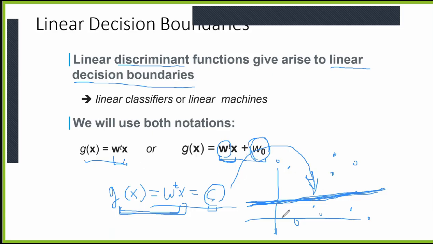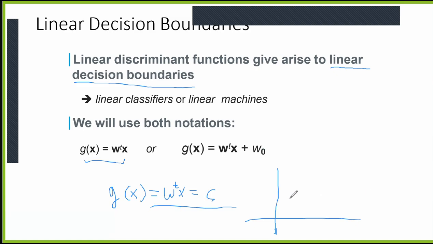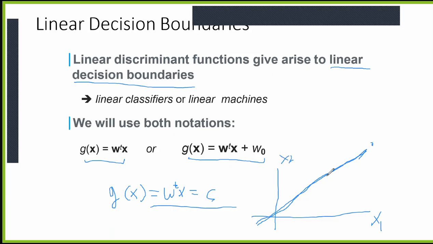So just to give a quick idea, the linear decision boundary that corresponds to this function becomes this line in the 2D space, and its orientation will be perpendicular, normal, dictated by the weight vector, and whether it passes the origin or not will be dictated by the bias term, which is W0.